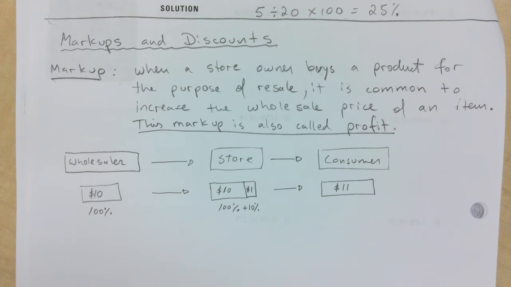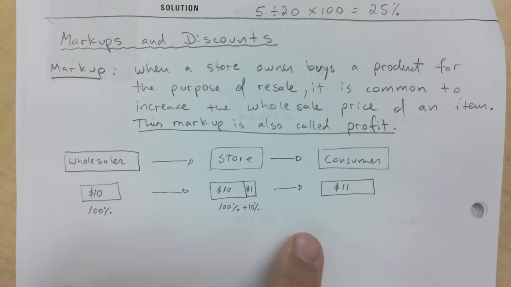That increase, that markup, is invisible to you. You don't know how much more was added by the store. That's why when you go to Amazon or to different stores, the prices of an item will vary, most likely because different stores add a certain amount based on what they want to make on it.